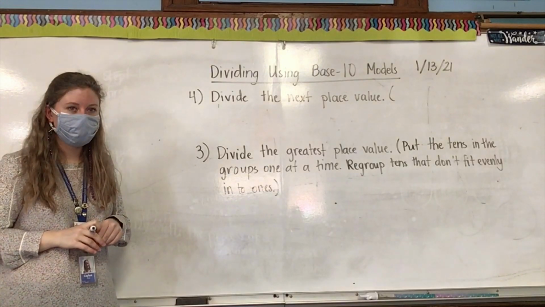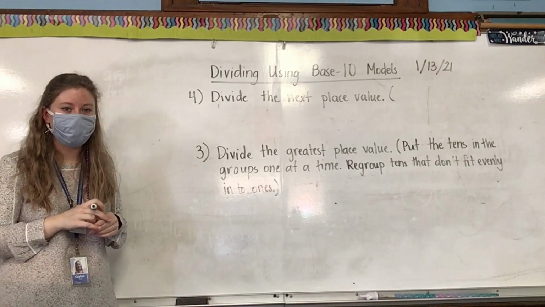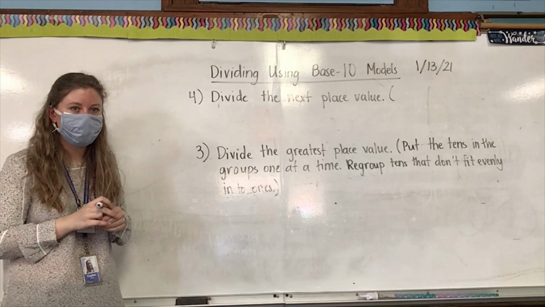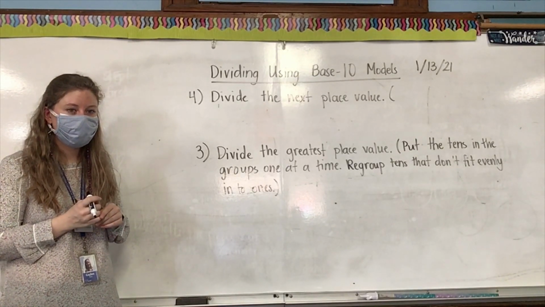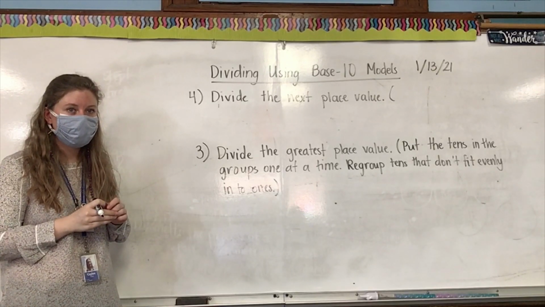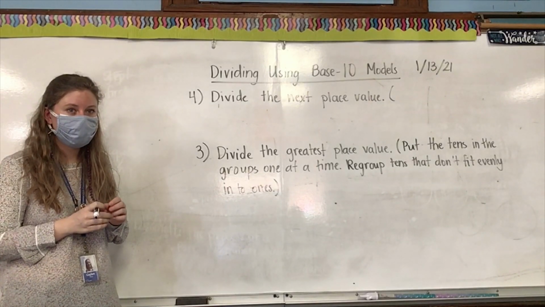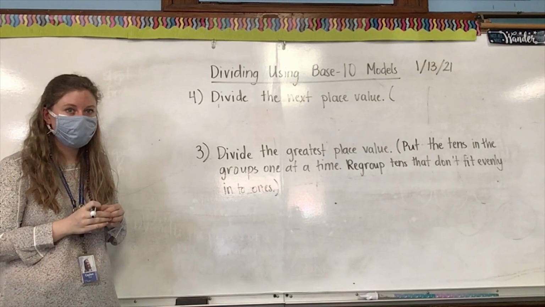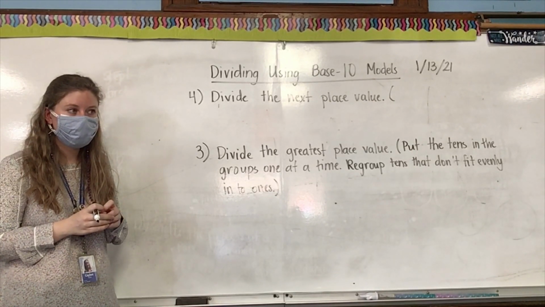You have tools. They're in front of you up here. They're in front of you in the book. How do we do that? How do we model that? We divide the ones into how many equal groups there are.